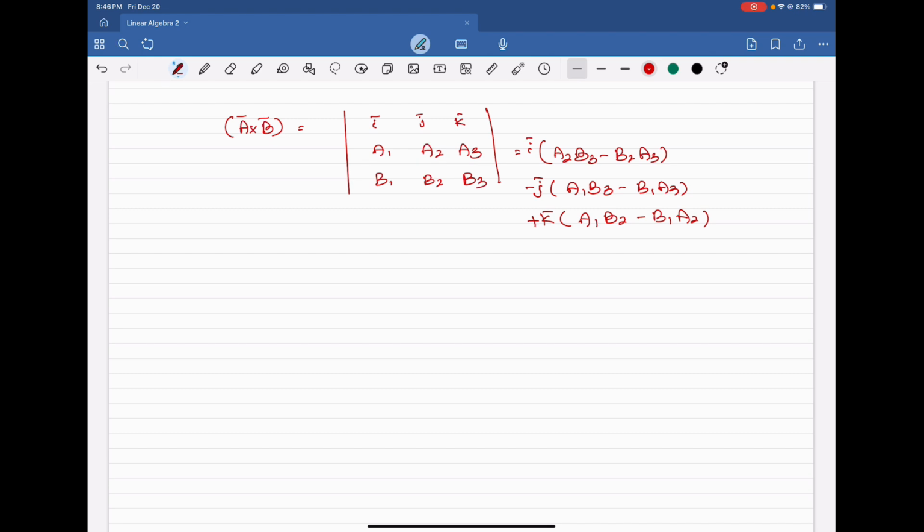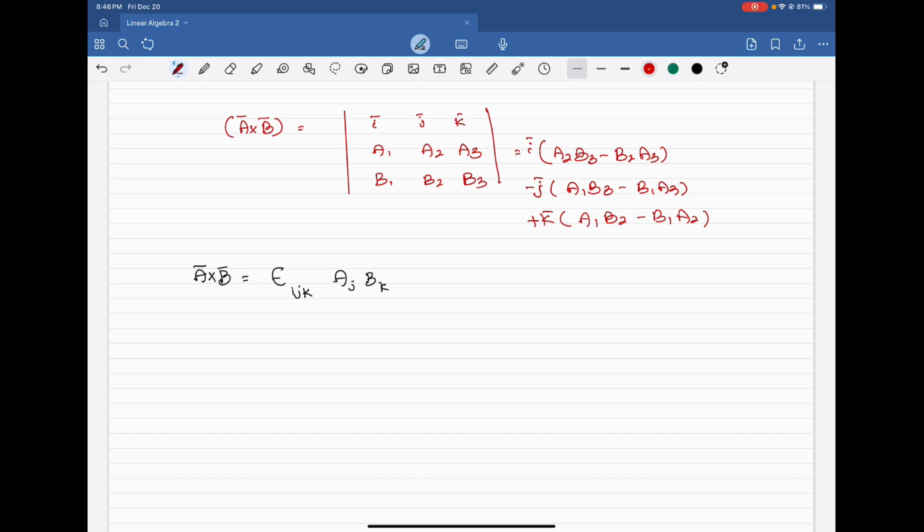Now, the same cross product can be written in the form of the Levi-Civita symbol as A cross B is equal to epsilon ijk aj bk.